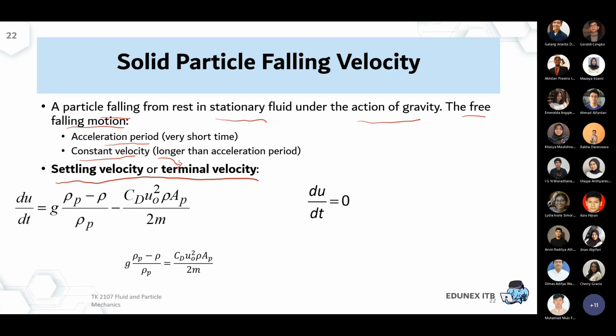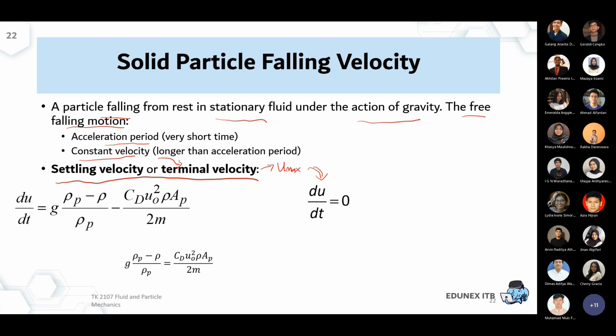and that is what we know as a terminal velocity. And as we know, based on calculus or mathematics principle, if we have a maximum velocity, if we have a u max, that will occur at the location where du per dt is equal to 0, or the first derivative is equal to 0. When we have the first derivative equal to 0, based on mathematics principle, that's the extreme condition.